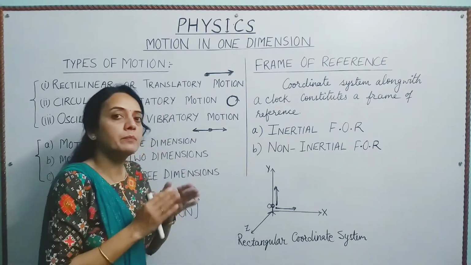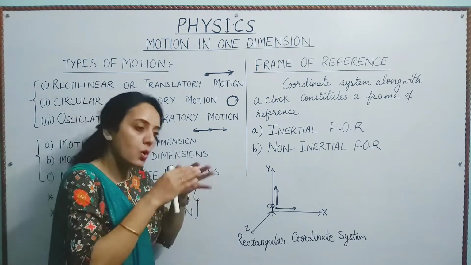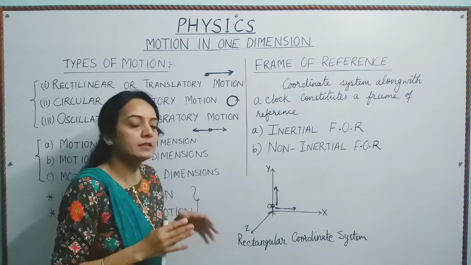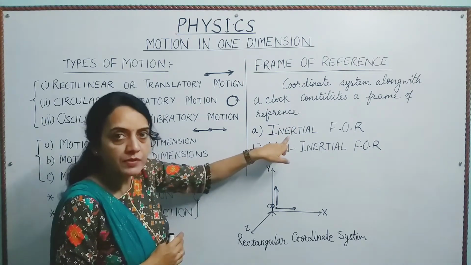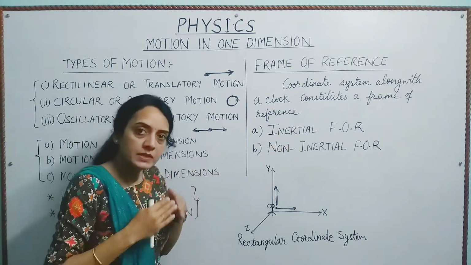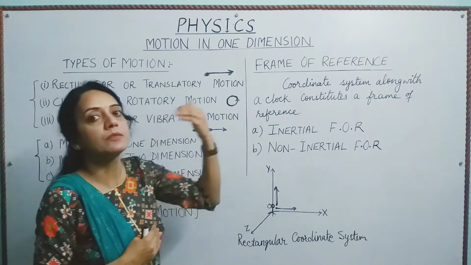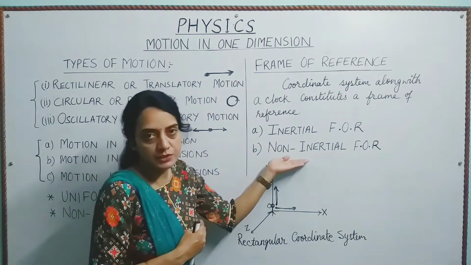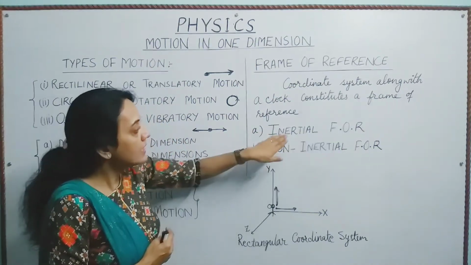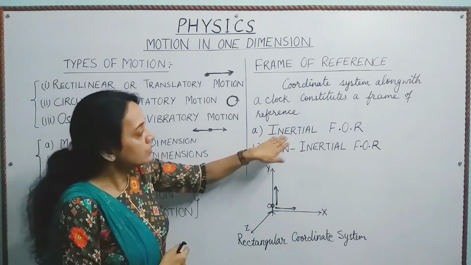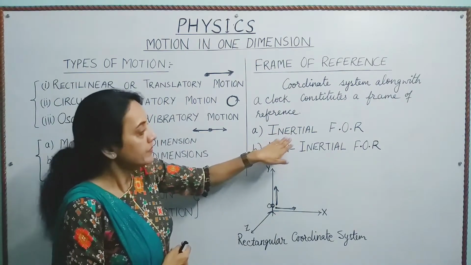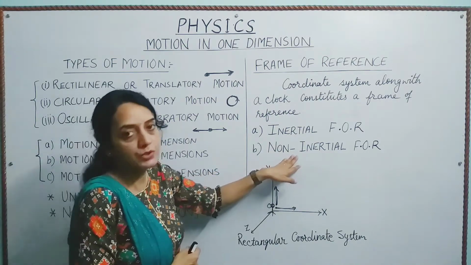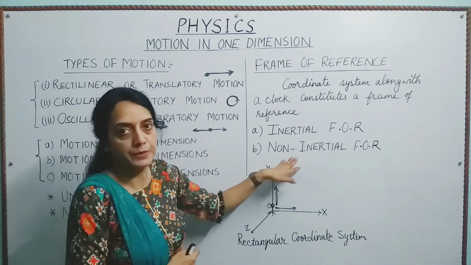So mind it, when a person is observing the things happening on the earth and he is also standing on earth, then he constitutes an inertial frame of reference. But when the person is standing on earth and is observing things outside the earth, then it is constituting a non-inertial frame of reference. Now in an inertial frame of reference, Newton's laws of motion hold good, whereas in a non-inertial frame of reference, Newton's laws of motion do not hold good.